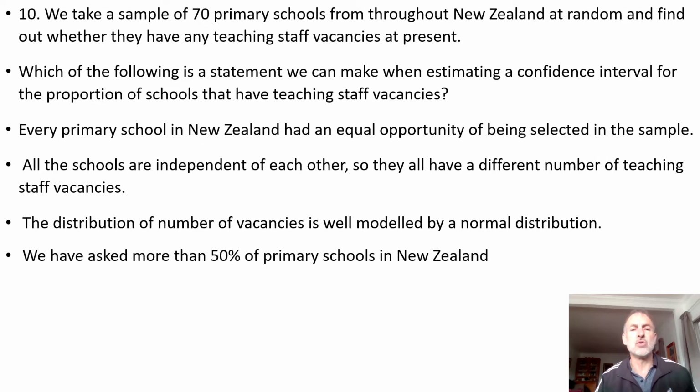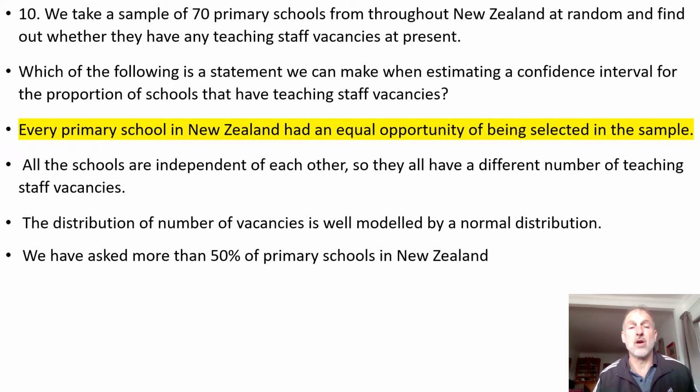Every primary school in New Zealand had an equal opportunity of being selected in the sample. All the schools are independent of each other, so they all have a different number of teaching staff vacancies. The distribution of number of vacancies is well modeled by a normal distribution. We have asked more than 50% of primary schools in New Zealand.